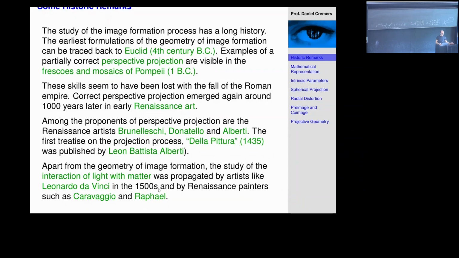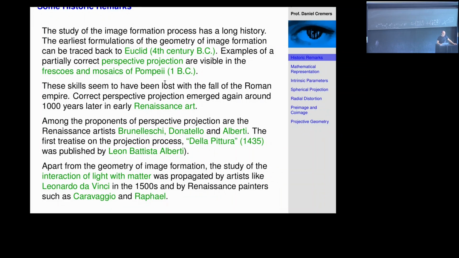The perspective projection is something that's been studied for thousands of years, and it's always amazing how in the history of mankind people studied things for millennia, really. And you can see some of the earliest formulations of geometry, of image formation, can be traced back to people like Euclid in the 4th century before Christ.